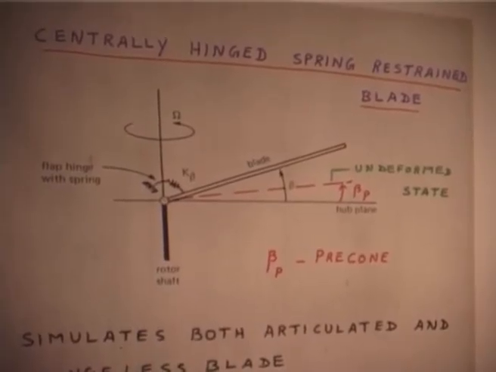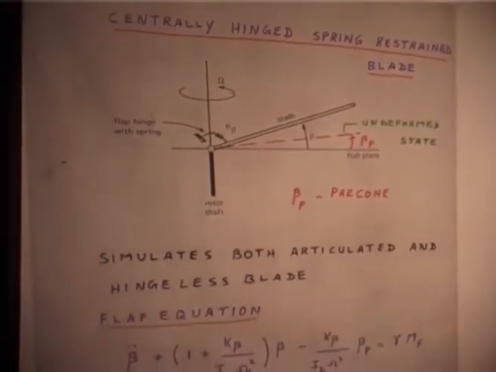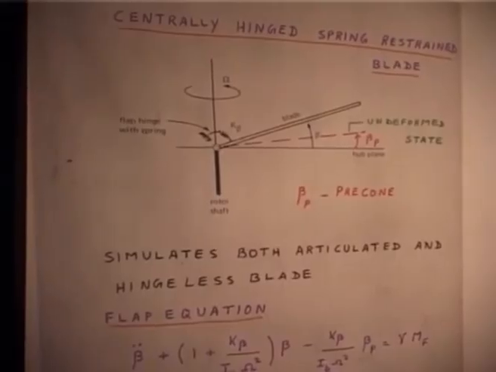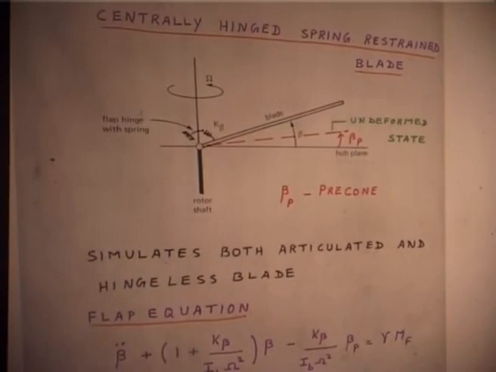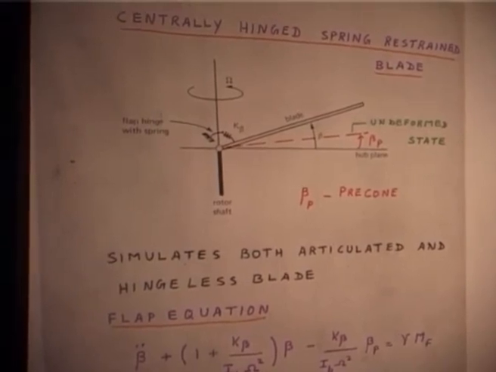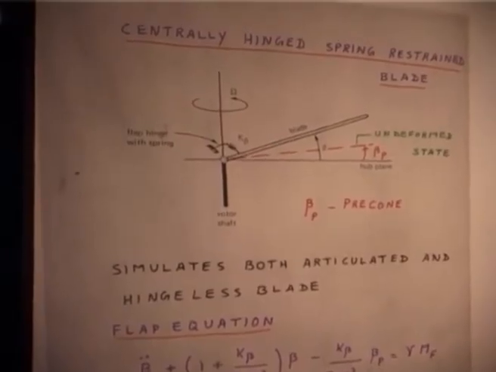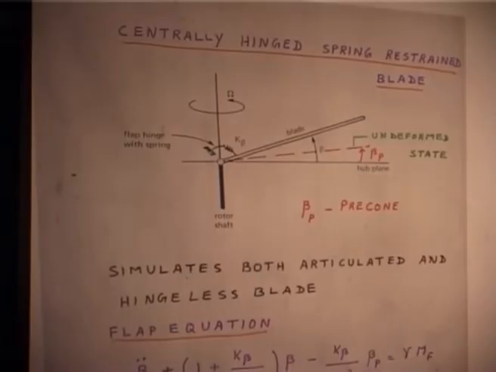Okay. When you attach it in the manufacturing, in the assembly of the blade, you are giving a coning angle, pre-cone, it is a set geometric angle. Okay. If you put these two, what really happens? We will just study that part.